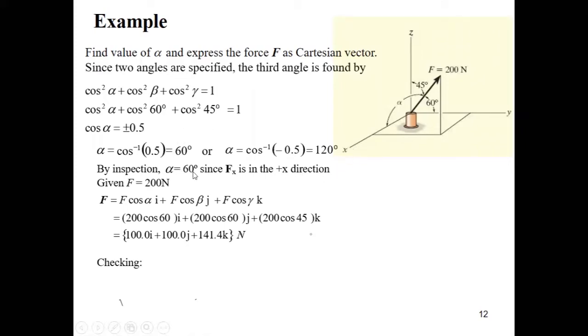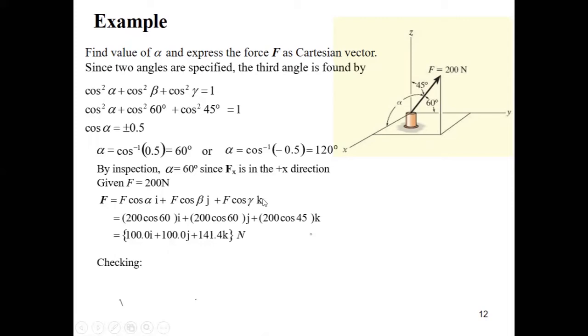Now, what is the value of the force? Because it's asking for the force. The magnitude given is 200 Newton. The direction is not given, but we already found it. The direction is alpha, beta, and gamma, so the direction cosines are cos alpha, cos beta, cos gamma. So F will be the magnitude times cos alpha i, plus F cos beta j, plus F cos gamma k.